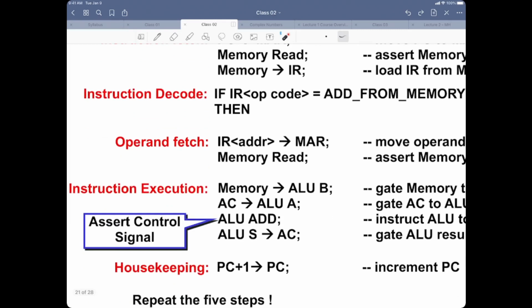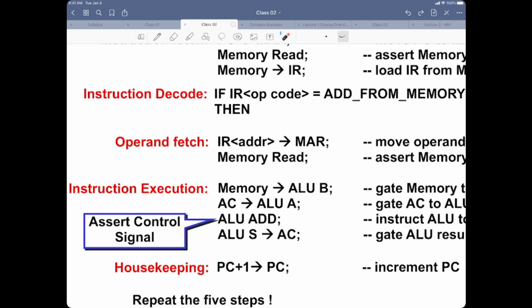All right, we are talking about instruction decode. What are we doing? We are looking at the opcode field and comparing that with a lookup table. The one that we are going to compare it with is add from memory. That is going to be satisfied because that's the instruction that we are looking at. If that is satisfied, then we are going to move forward and carry out the next 3 steps.